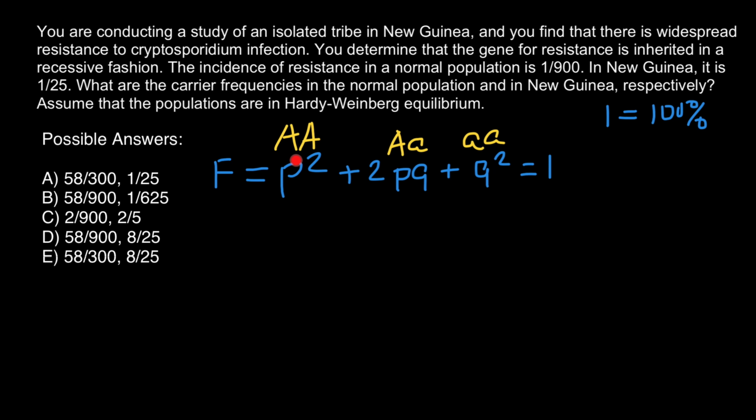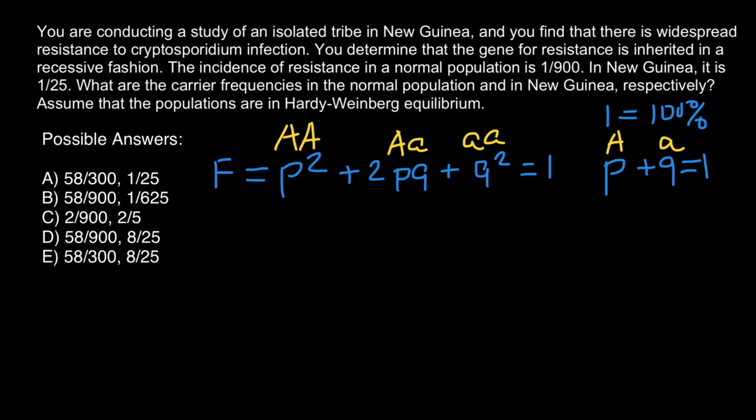As you see, we have three genotypes here, but these three genotypes are made by only two alleles, p and q, or dominant allele A and recessive allele a. So all the alleles p plus all the alleles q in this population equal 1 or 100%. So p stands for the dominant allele A and q stands for the recessive allele a.